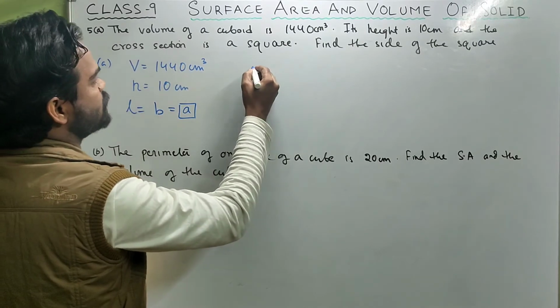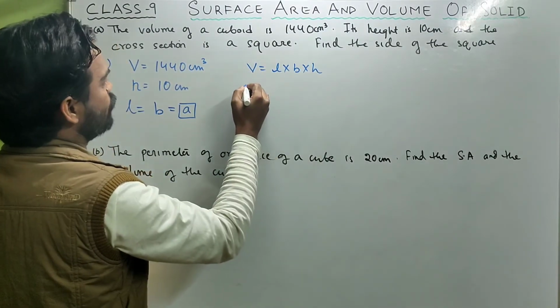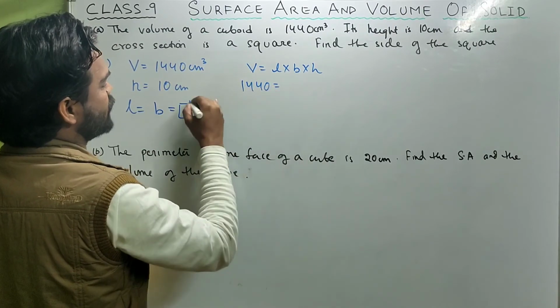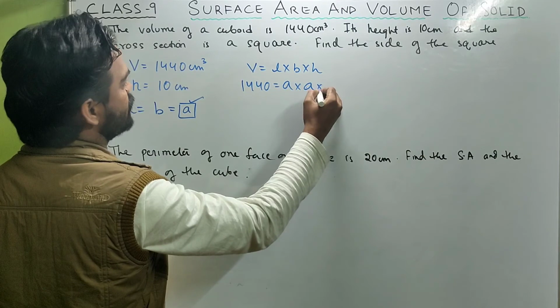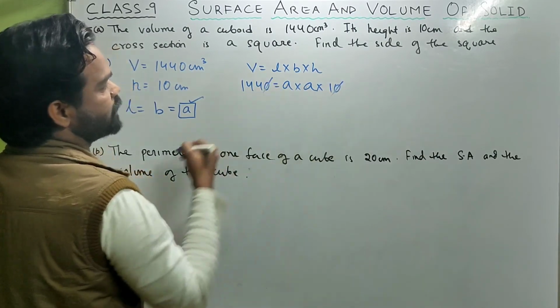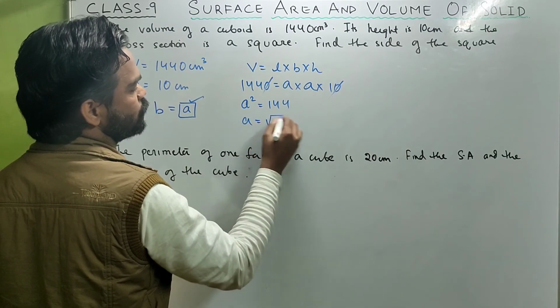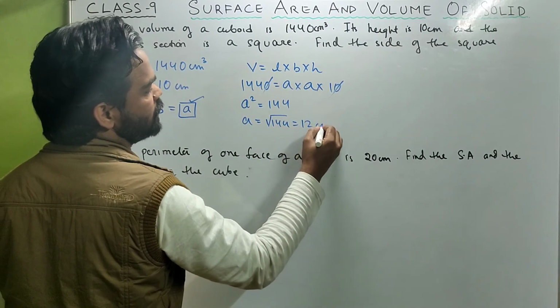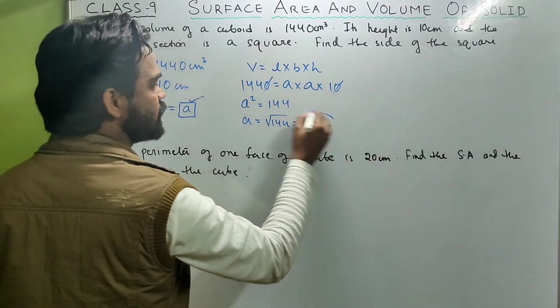Very easy. See, volume equals length into breadth into height. So volume is 1440. Instead of length, I can write A, and for breadth, again A, into height. That's 10. So A square is 144. So A is root 144. That's 12 centimeter. Which means the side of the square is 12 centimeter.